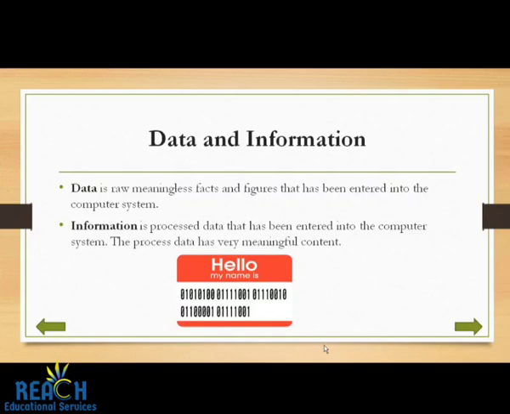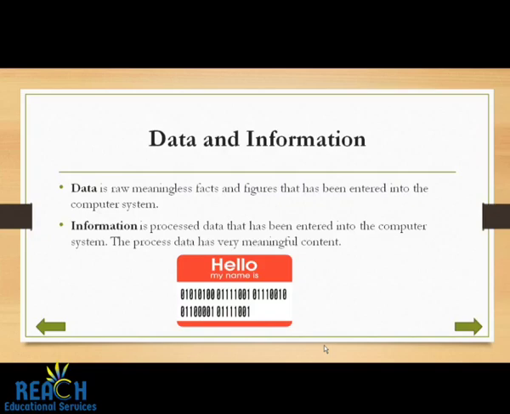While if it was processed, if it was turned into something meaningful, then we would have ended up with information. So we can safely say that information is processed data that has been entered into the computer system. The processed data is very meaningful. That means the content is of use to somebody.